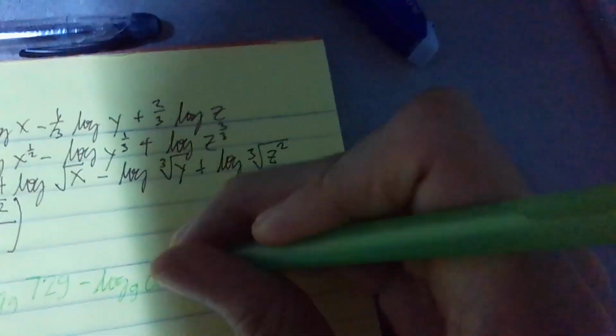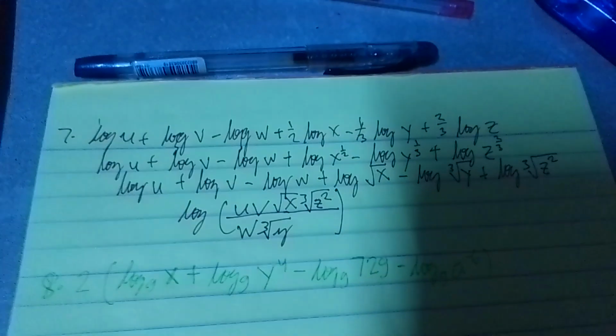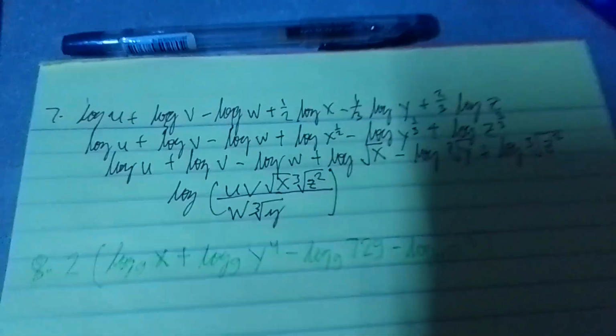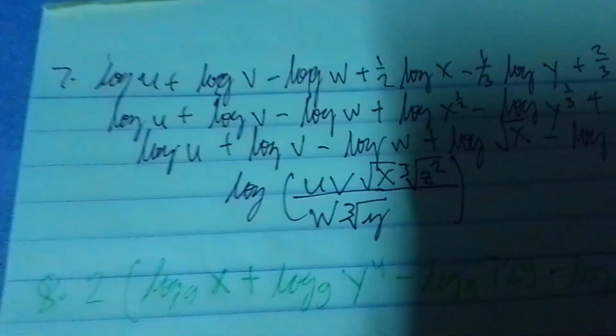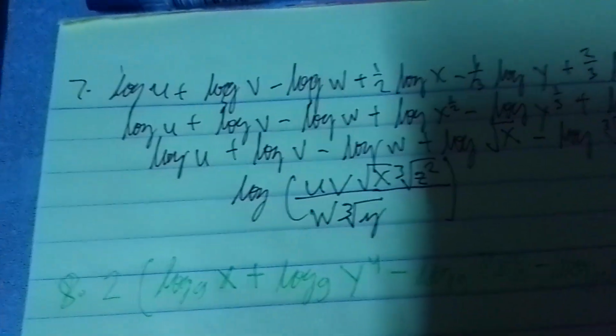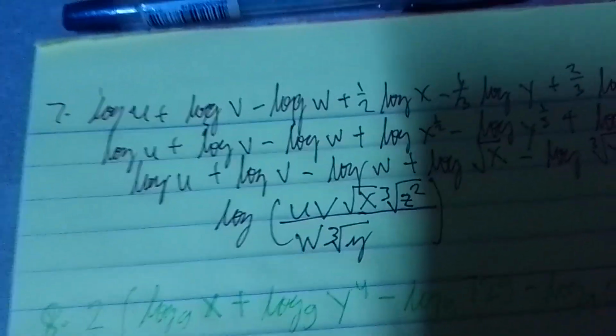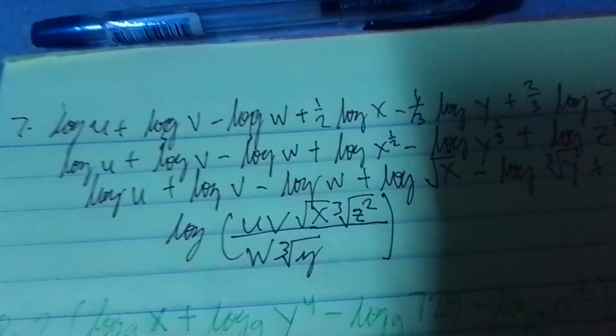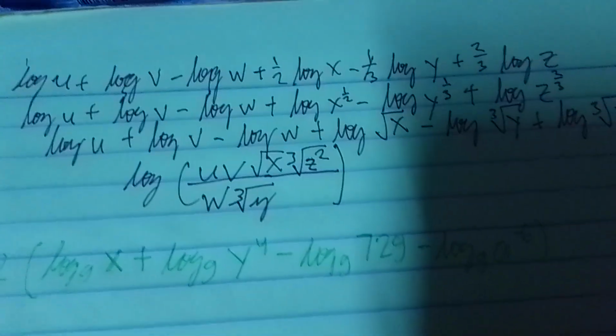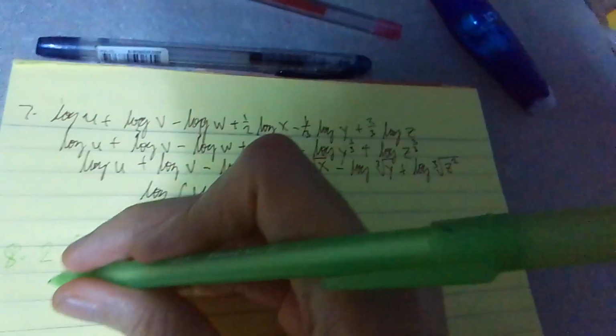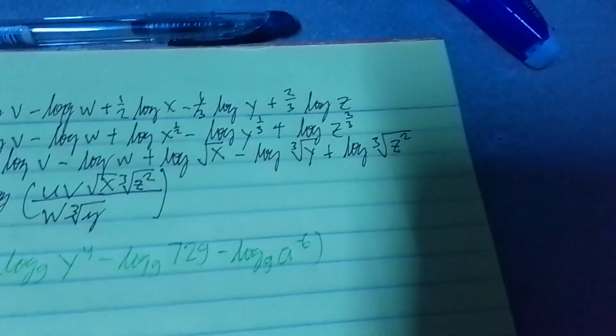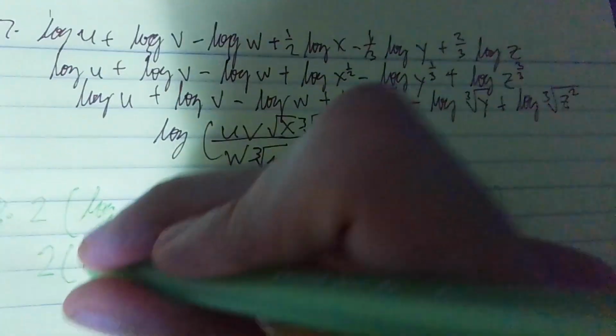And then the denominator has log base 9 of 729, and also log base 9 of 9, and log base 9 of a raised to the negative 6.